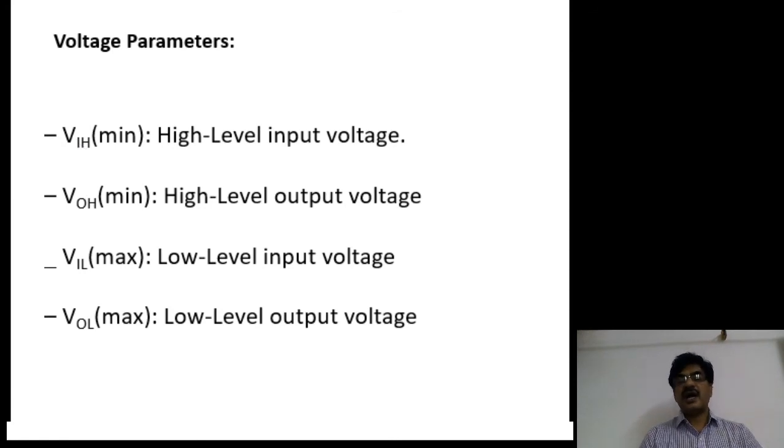VIH means high level input voltage. VOH means high level output voltage. Similarly, VIL means low level input voltage, and VOL means low level output voltage.